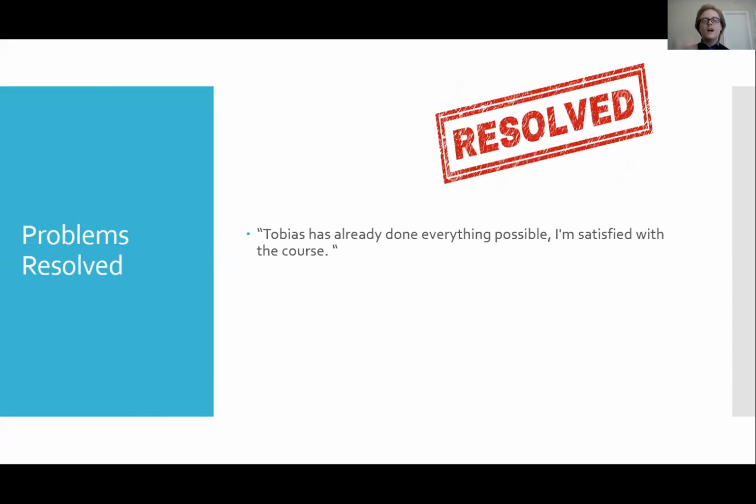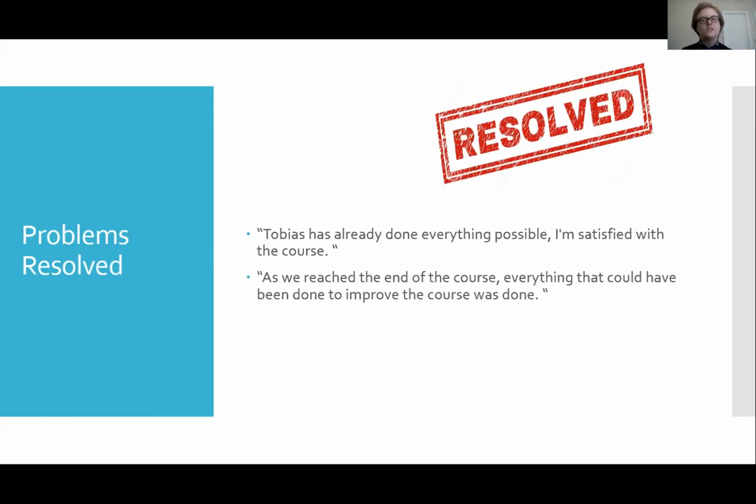And then you might be wondering, well, they're perceiving it well, but are issues getting resolved from their perspective, or do they maybe just like the fact that they can communicate, right? And what I found is that I had some students communicate to me that they felt like the changes that needed to be made were made. So I had, Tobias has already done everything possible. I'm satisfied with the course.